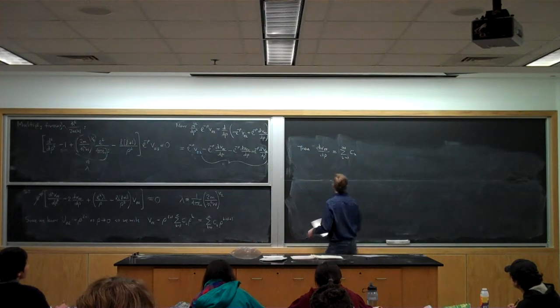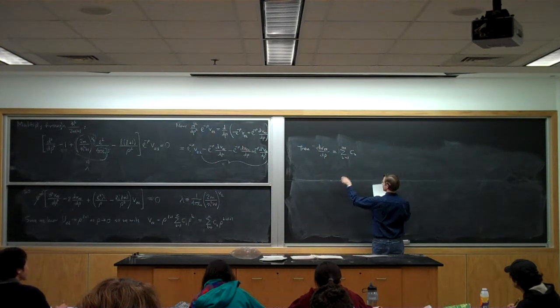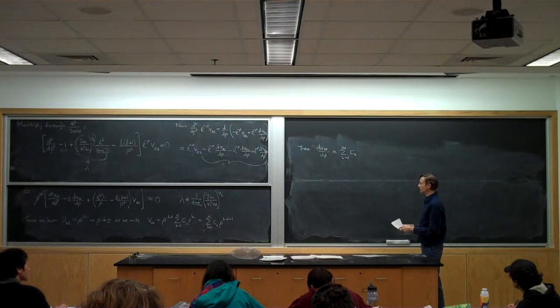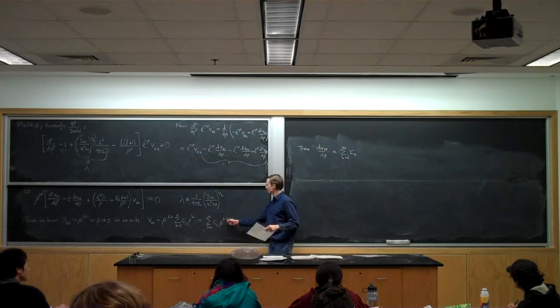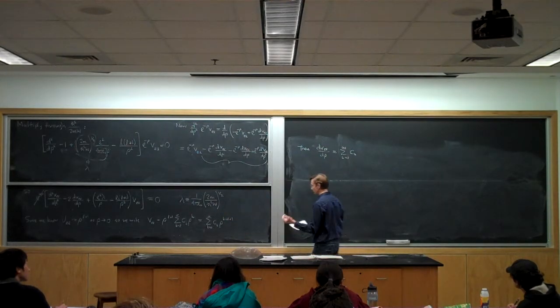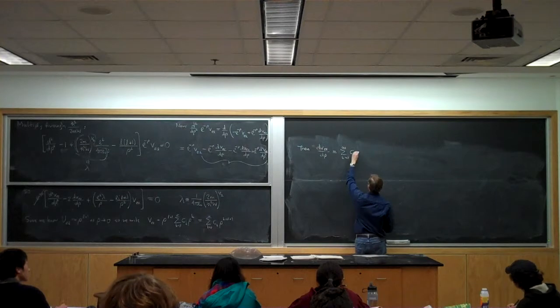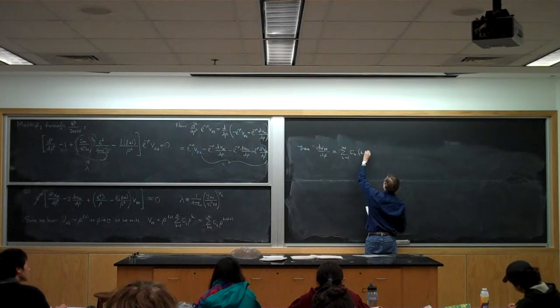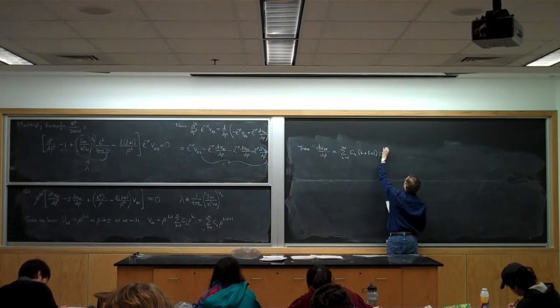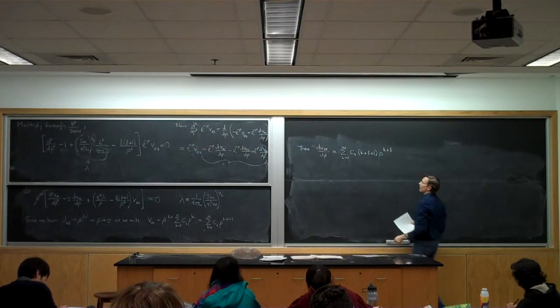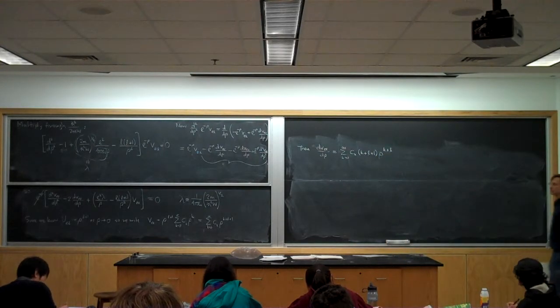Exactly. For each term you've got c_k rho to the k plus L plus 1. If I take the derivative of each term with respect to rho, you just do the ordinary rules for taking a derivative. So you're going to get c_k times k plus L plus 1 times rho to the k plus L plus 1 minus 1, or in other words, just rho to the k plus L.